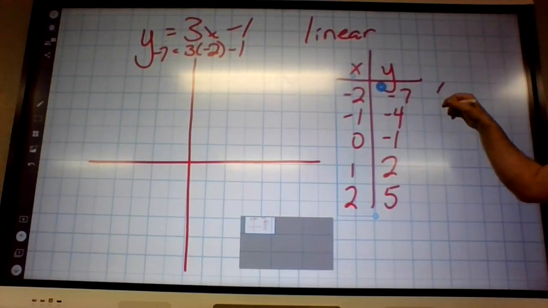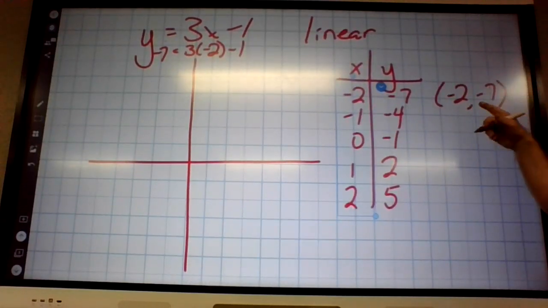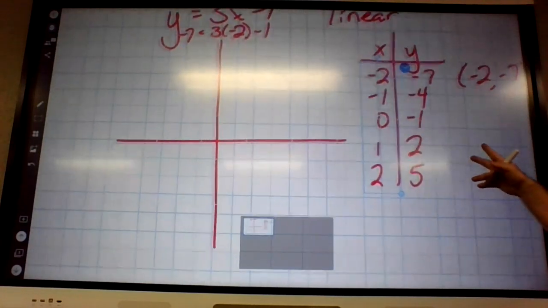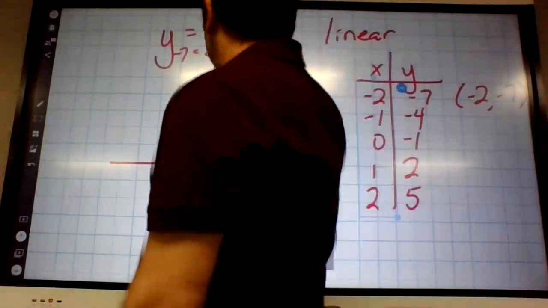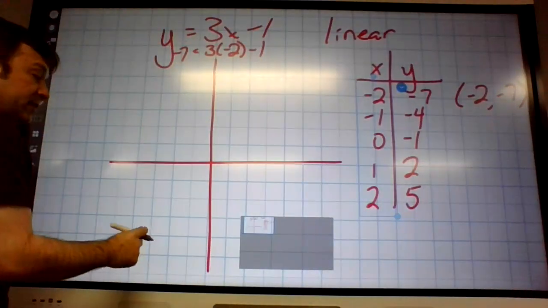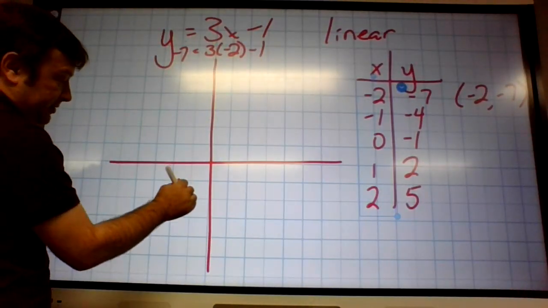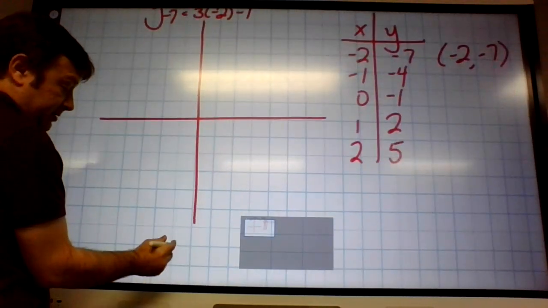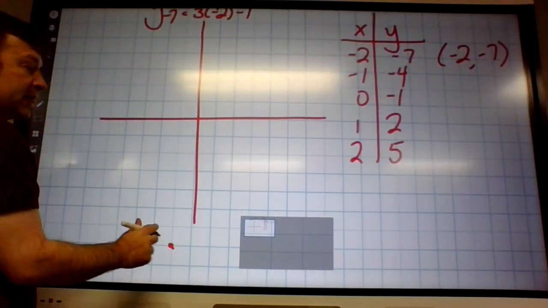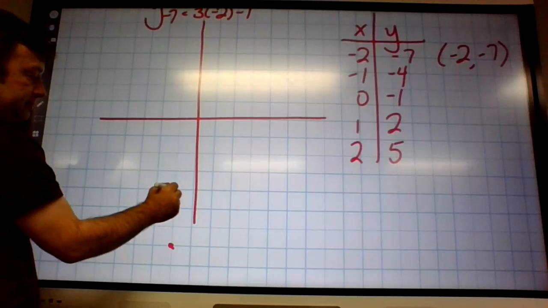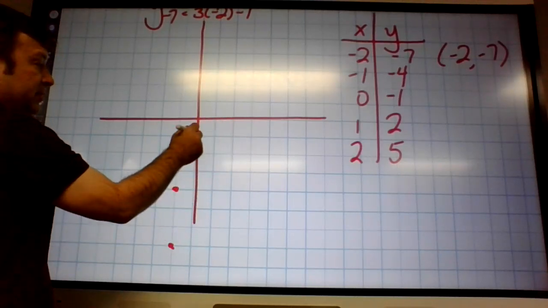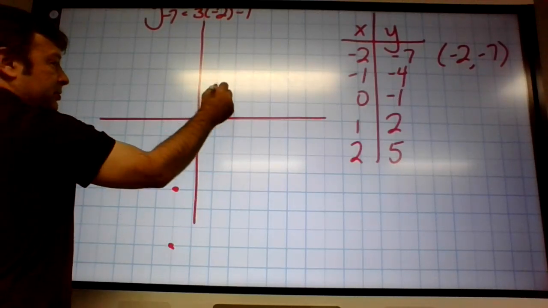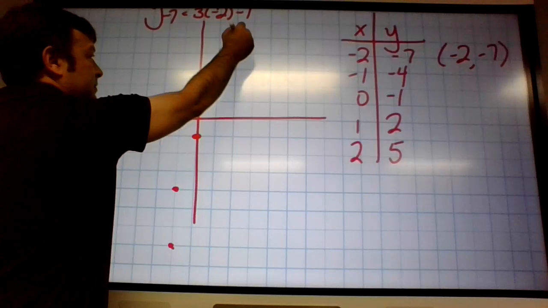This is -2, -7, like we graphed last week. And it'll show a picture of what this equation looks like when you graph it. -2, -7 is off on the graph a little bit. 1, 2, 3, 4, 5, 6. A little bit low here. -1, -4, right there. 0, -1, 1, 2, 2, 5.